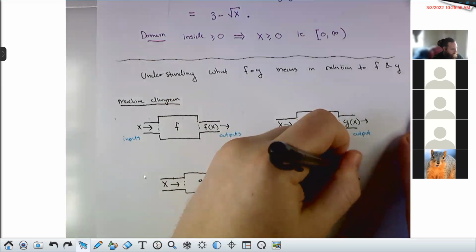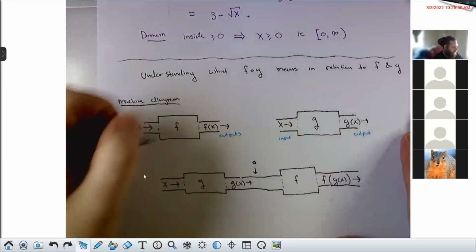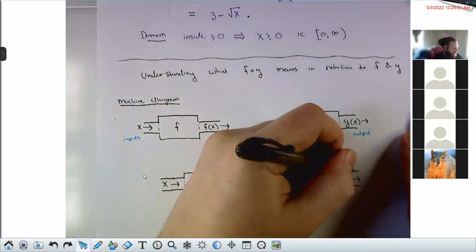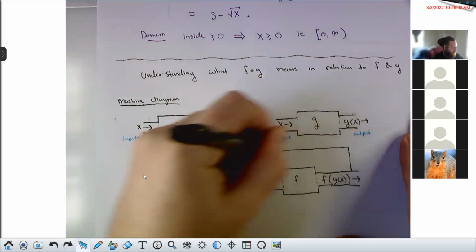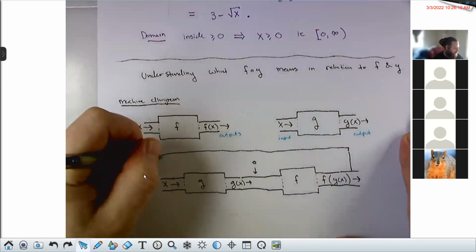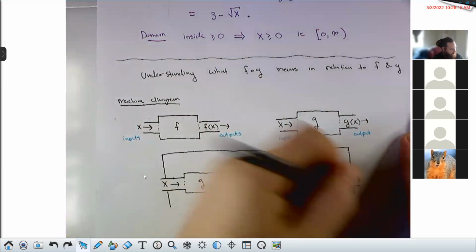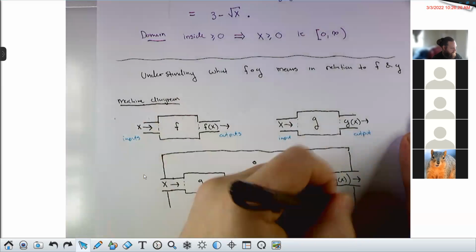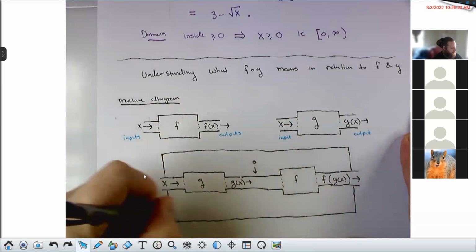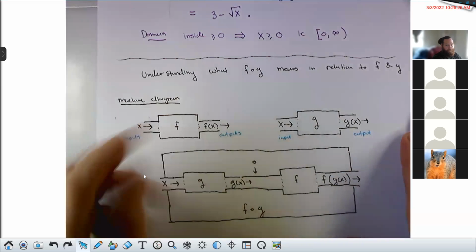And this whole thing, if you put this all in one box, this would be the machine diagram for the function f of g.